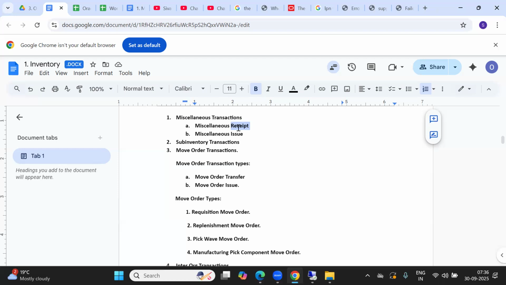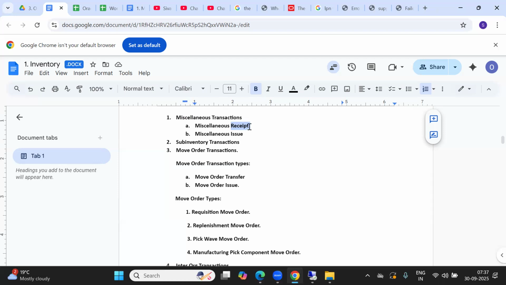And we have an RMA receipt also, which is receiving the quantity from a customer, meaning customer returned items. So wherever you see the word receipt, you are receiving or increasing the quantity in the application.